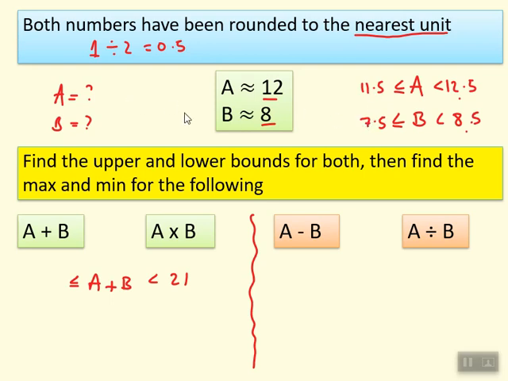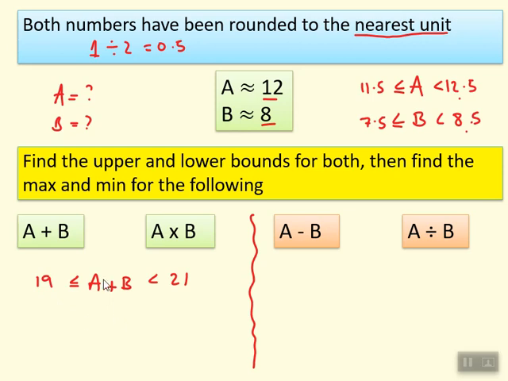So you take 11.5 and add 7.5. So you'd get 19. So this would be the lowest possible answer you could get for A plus B. Okay, so it's common sense. When you're adding things, you add the upper bounds, and that's the largest possible addition you could get. And if you add the lower bounds, that's the lowest possible addition you can get.